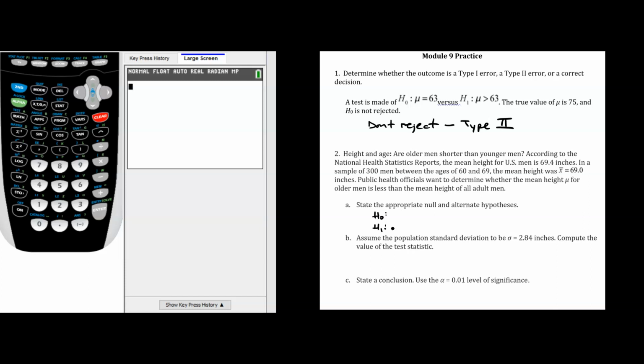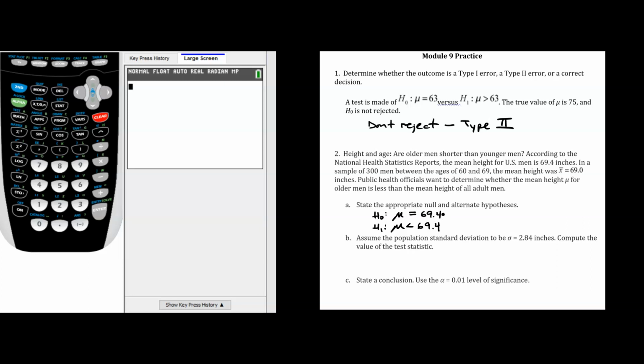And so my alternate hypothesis is that the mean height of older men is less than 69.4, because 69.4 is the mean height for all adult men. And if this is my alternate hypothesis, then the null hypothesis is that the mean is equal to 69.4, that there is no change between the mean heights of older men and the established mean height of all adult men.